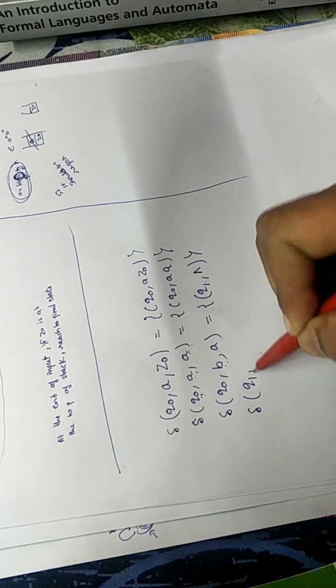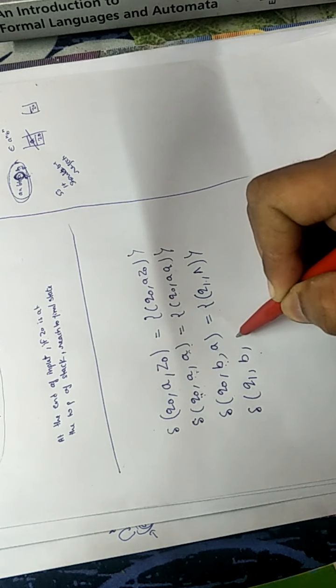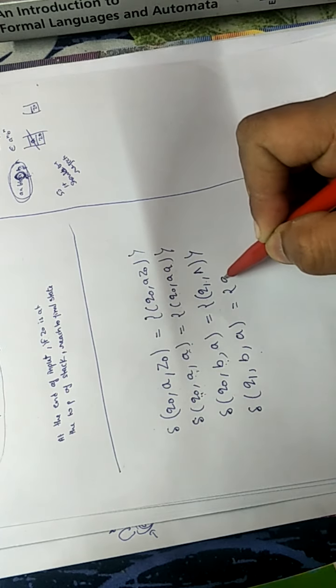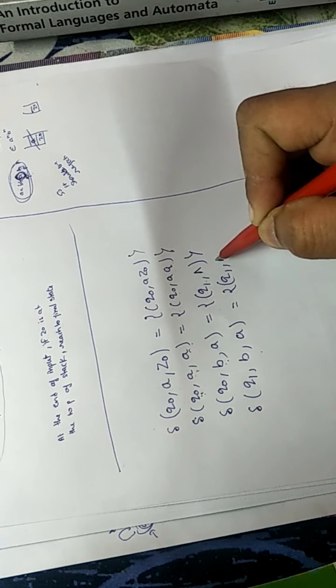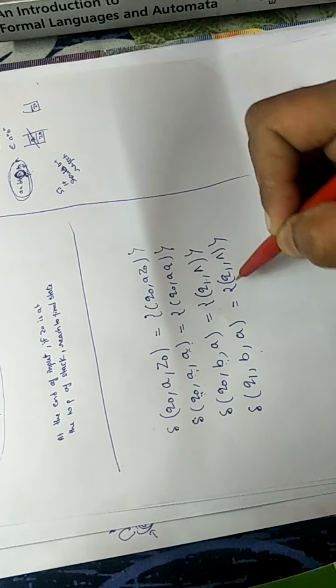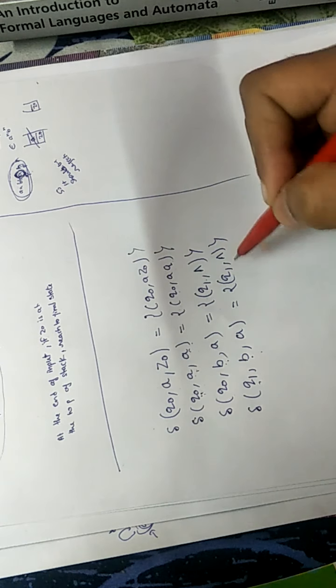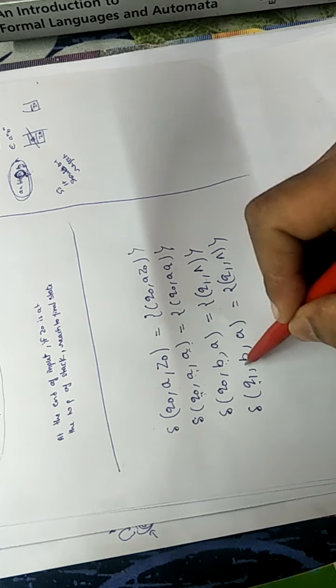Now we are at Q1. If there is another B and A is on the top of the stack, we are going to Q1 and popping it. Now if there is another B, we are at Q1 again. It is a self loop.